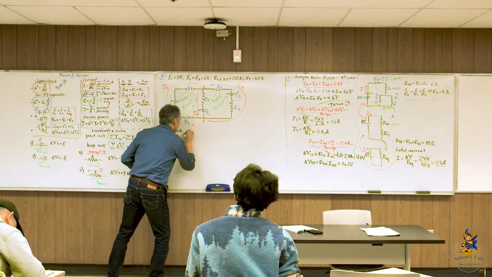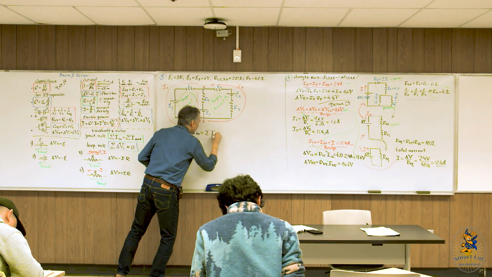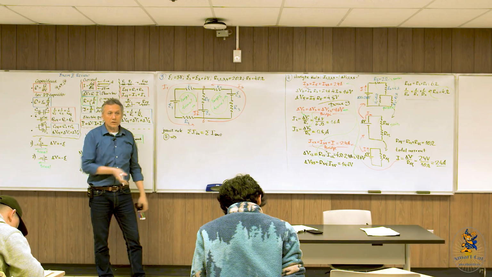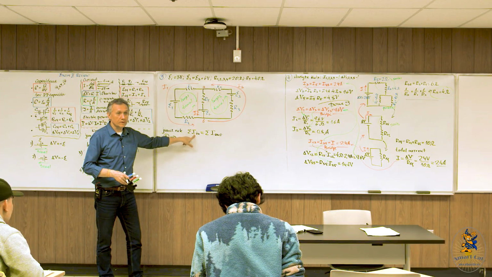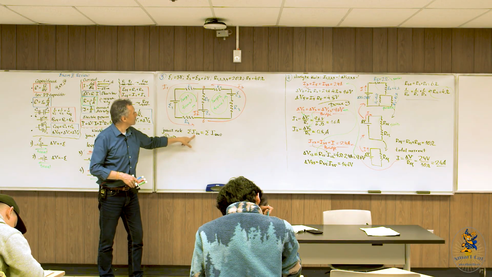Okay, maybe I can write it: the sum of all currents in must be equal to the total amount of currents leaving junction point A. This is junction point A. It's trivial, right? So what's the equation? Which currents are entering on this side, for A?